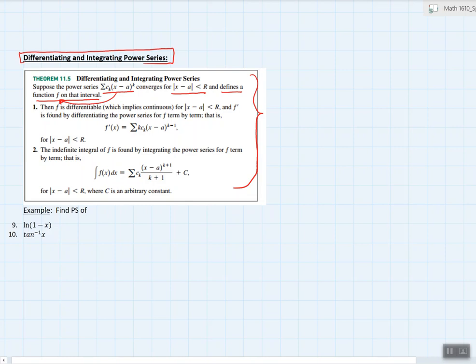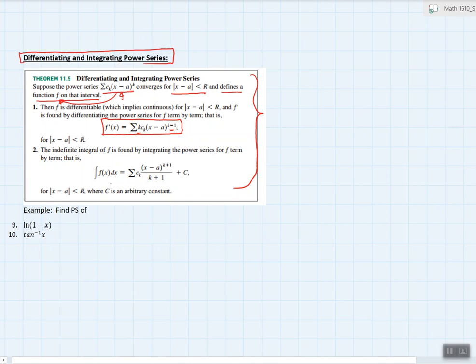Then f is differentiable, and you can find f prime by taking the derivative of each term of this power series. What's the derivative of this? c_k stays c_k, k comes in front, so you get k times (x minus a) raised to the power k minus 1.